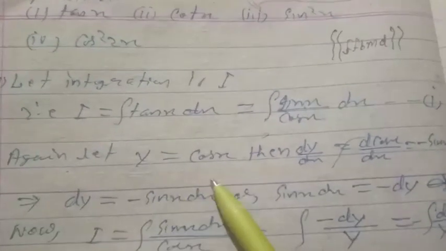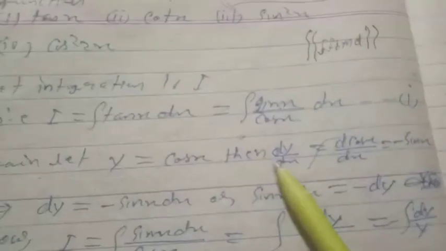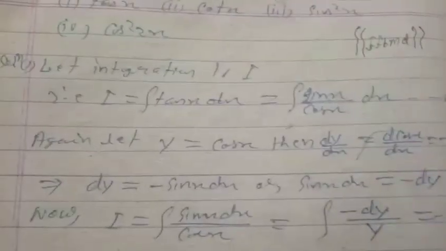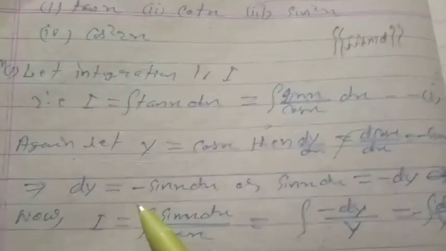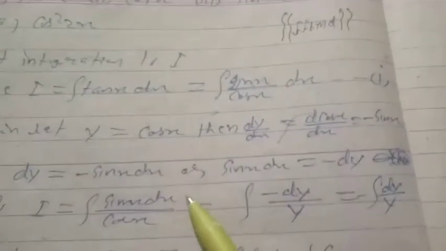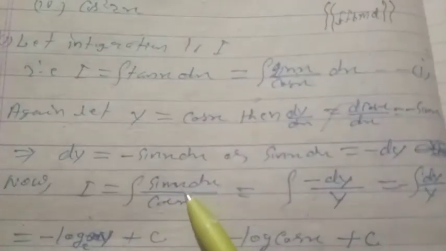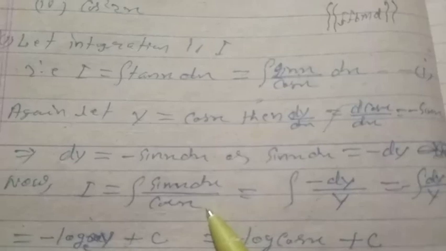Again let y equal cos x. Then dy by dx equals d cos x by dx equals minus sin x. This implies dy equals minus sin x into dx, or sin x dx is equal to minus dy. Now I equals integration of sin x dx by cos x.